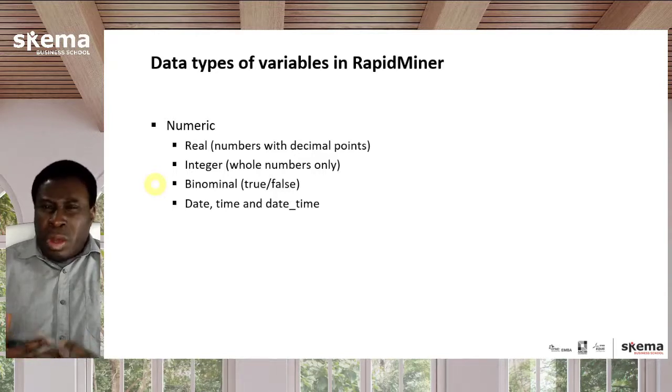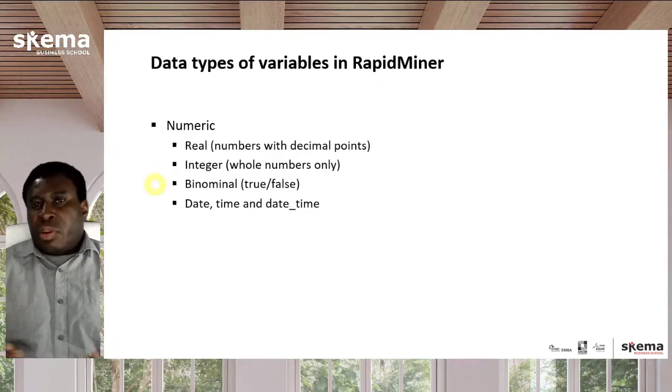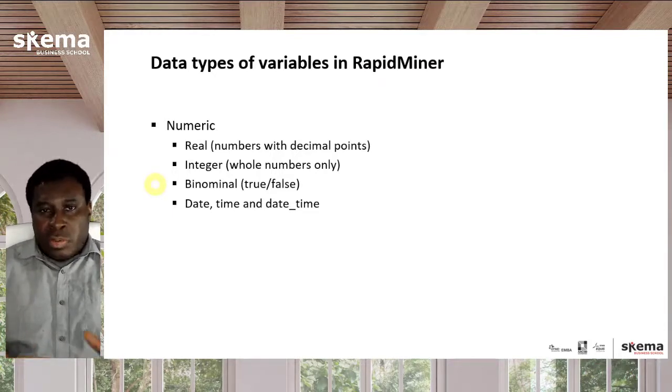Well, that's because in almost all programming systems, binomial values as true or false values, they're sometimes called booleans, are represented as zeros for false and one for true, or sometimes any number other than zero. But they're represented internally as numbers, and so they are included in the numeric types.